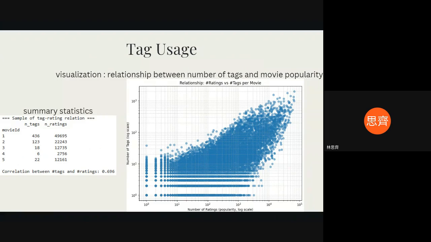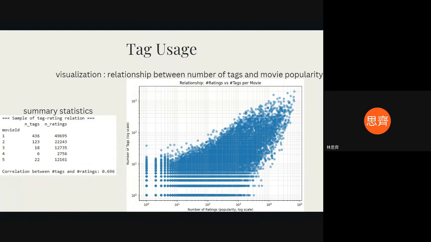Okay, here we have the tag usage and the relationship between the number of tags and movie popularity. The graph shows the higher rated movies, which can be viewed as popular movies, will be assigned more tags because many people watch them, so there are just more people to assign them tags than the unpopular ones.